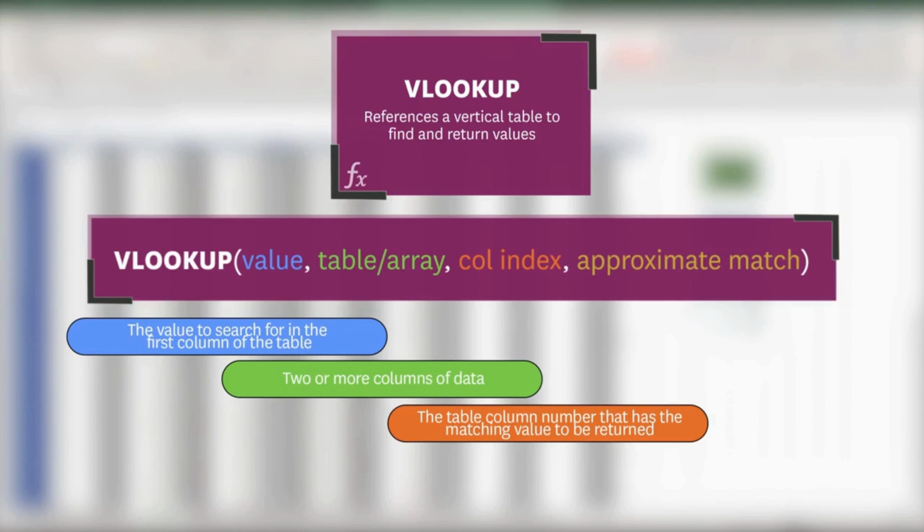So if there was a telephone number and an address, we need to specify which one we wanted. And finally, we have the option to choose whether we want to do a range lookup, that's looking within a range, or an exact match.